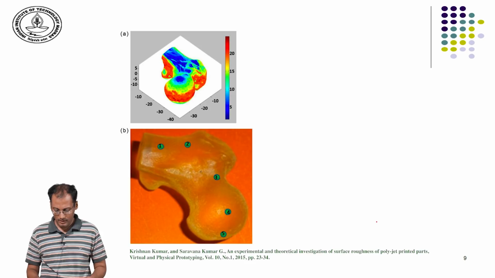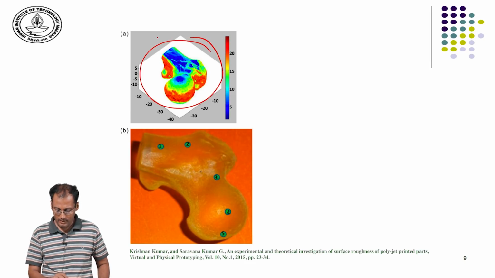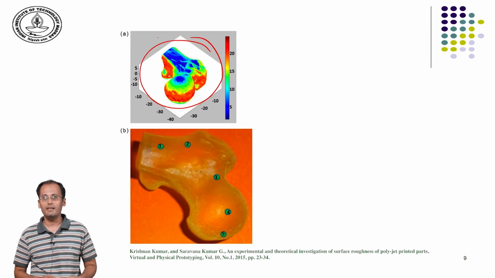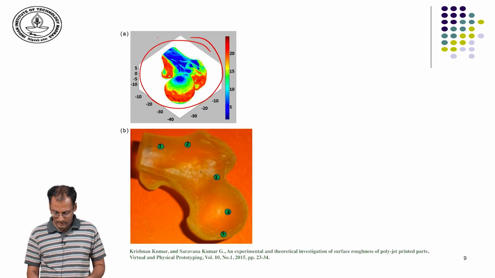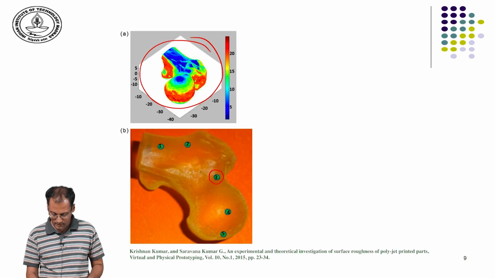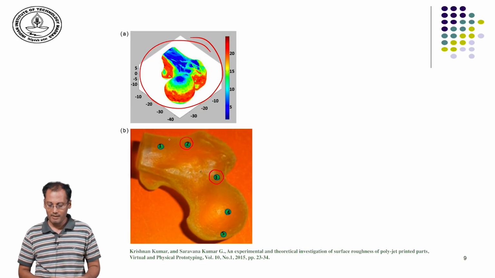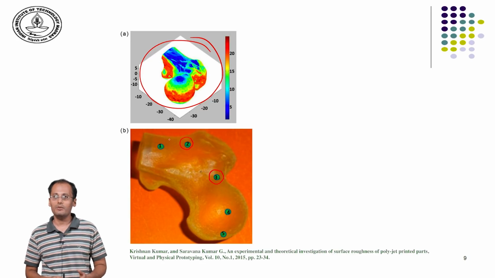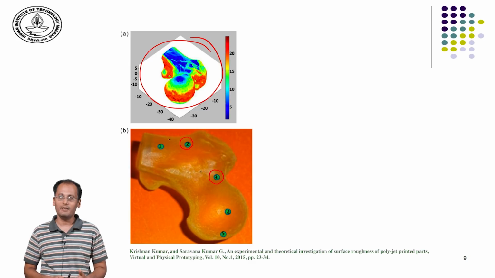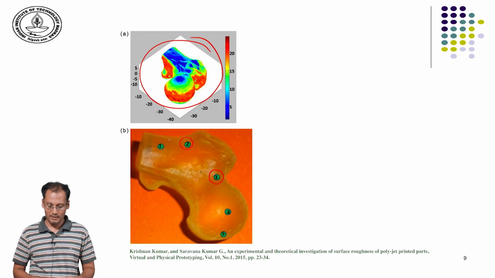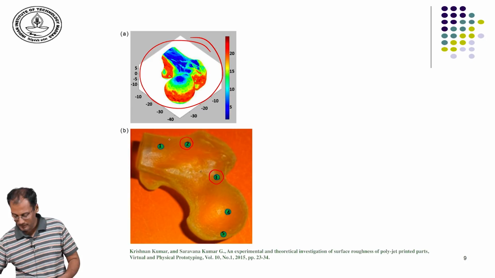This is a femur model. This is the predicted surface finish distribution for a given orientation, and these are measured errors for comparison or validation. So, such models will help in judiciously orienting the part for building it in additive manufacturing.